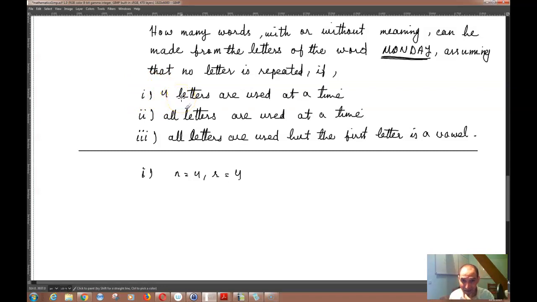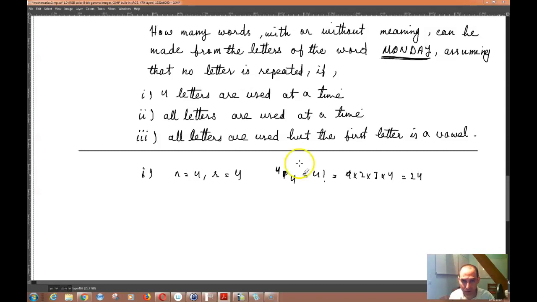This would be 4 permutation 4, which is 4 factorial, which is 1 times 2 times 3 times 4, which is equal to 24. I'm not sure if that's the right answer here.